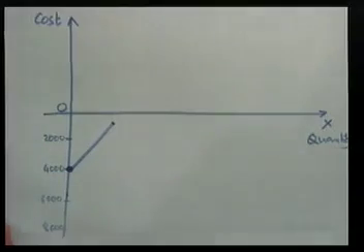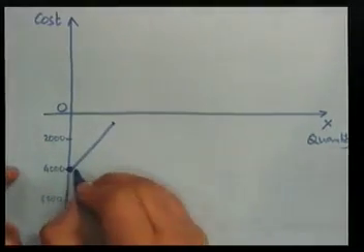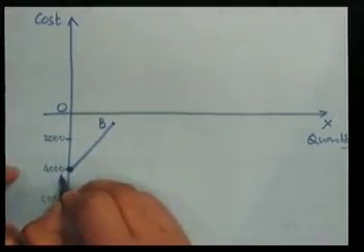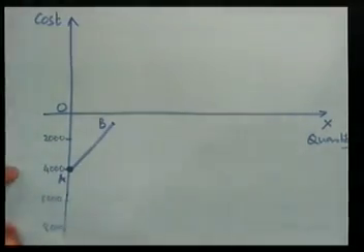You may notice that the point, let us call this point A, is still in the negative side. That means, even if we are able to sell 600 units, I have still not been able to recover my total cost.